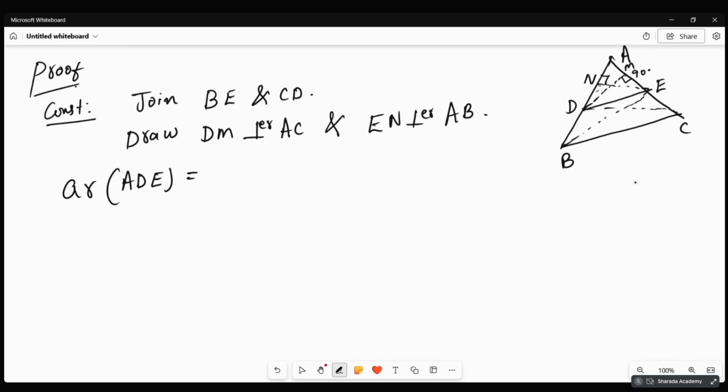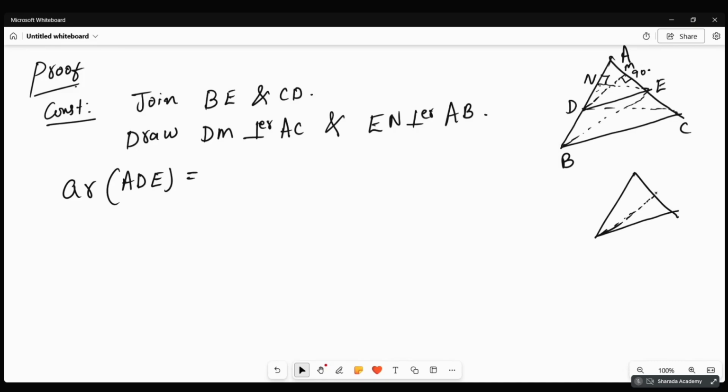When you take the base, the height means the altitude, which is a perpendicular drawn to the base. Again, area of the triangle means half into base into height.